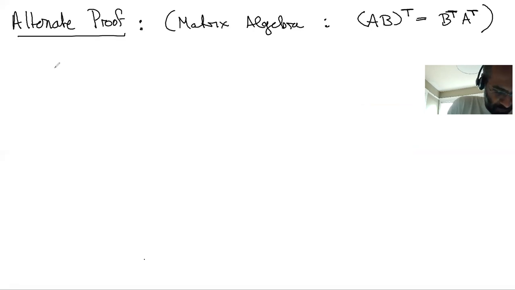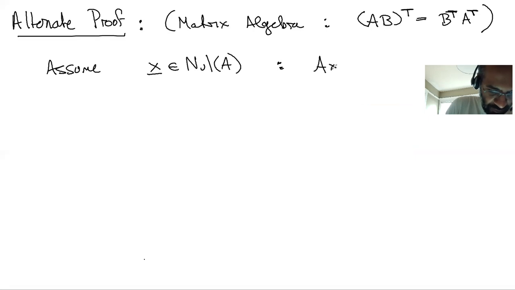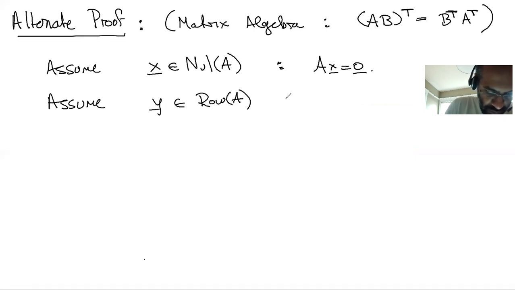Well, so what's the proof? Assume X is in the null space of A. That means AX is equal to 0. And now assume Y is in the row space of A. Again, by definition, that means it's in the span of the rows of A, which are the columns of A transpose.